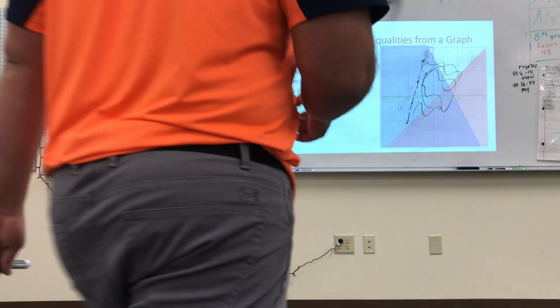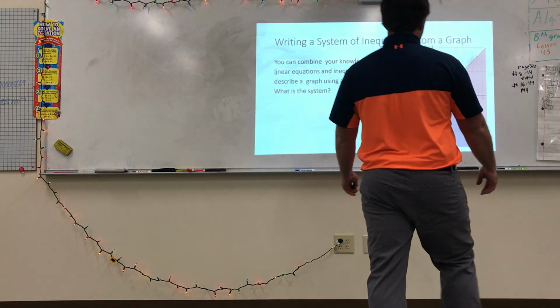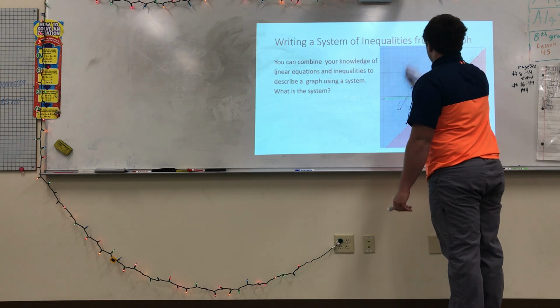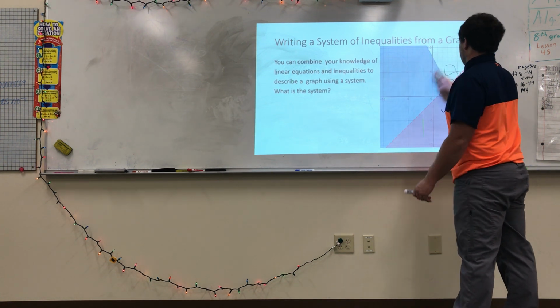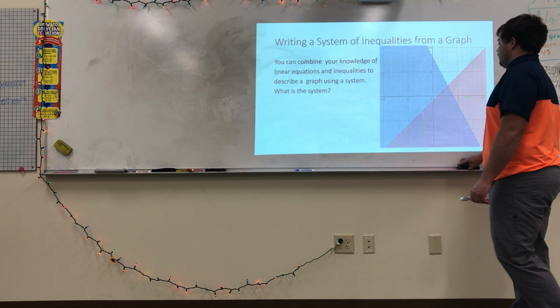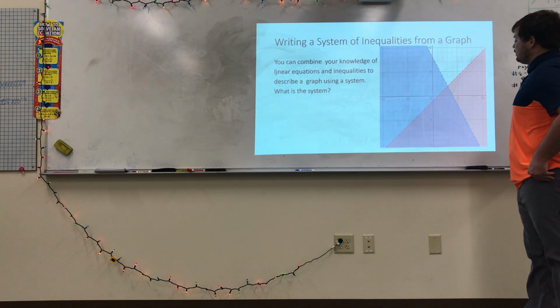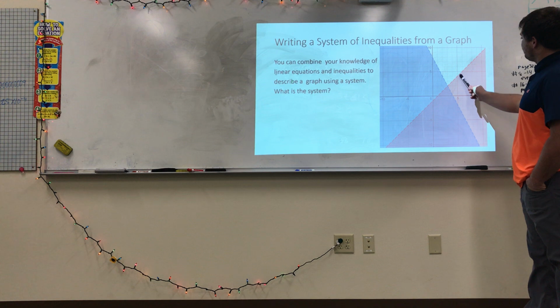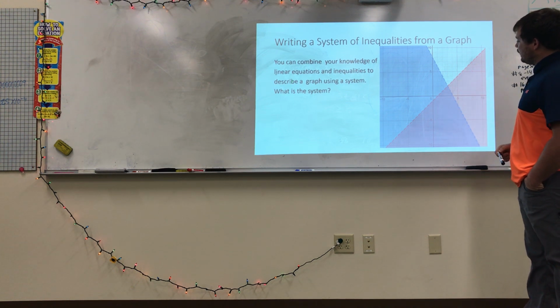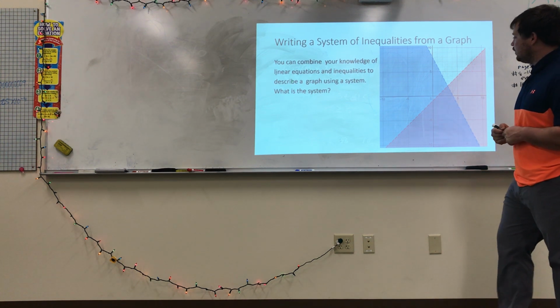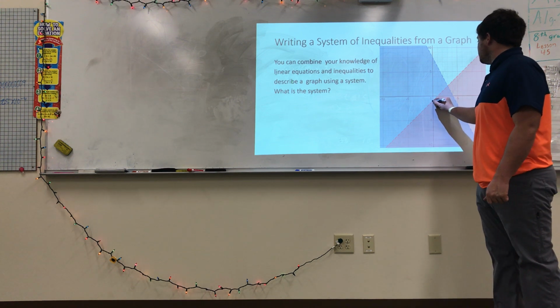Alright, writing a system of inequalities from a graph. Okay? So, I'm going to attempt the red probably first. Alright, we have this line going through here. I'd say it goes through at 1 right here.